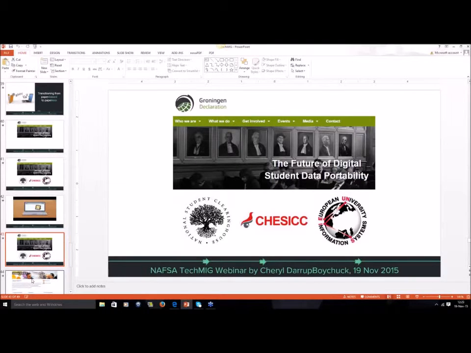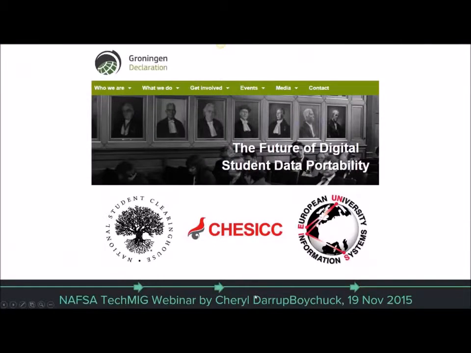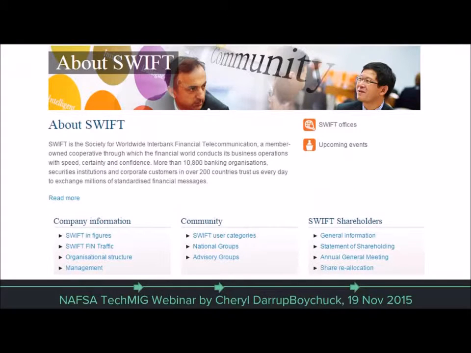Basically, Groningen's mission in a nutshell is for people worldwide, again, to be able to access and share their authentic educational data with whomever they want, whenever they want, and wherever. So that's nothing short of Herculean, right? Well, it turns out that there are other models that we can look to in other industries that have, in fact, accomplished similar monumental feats.